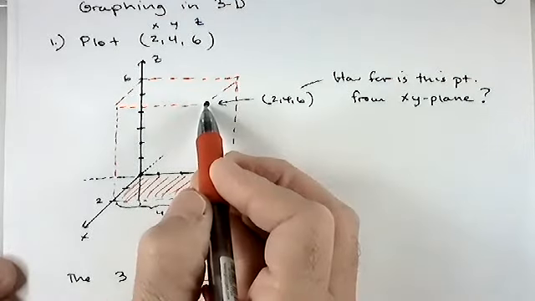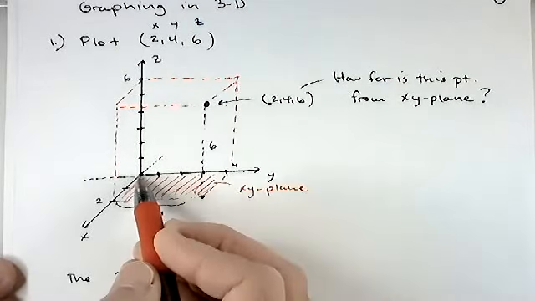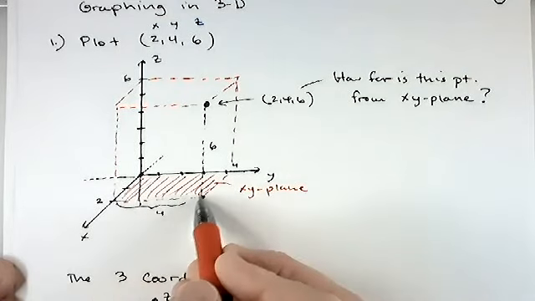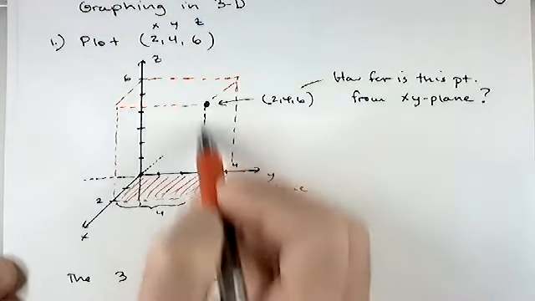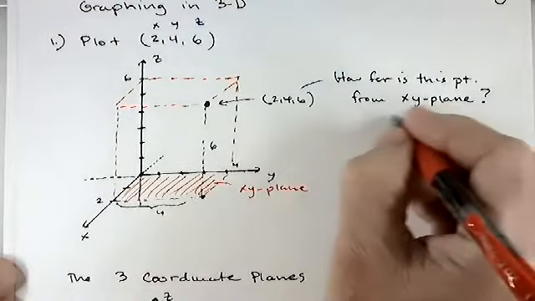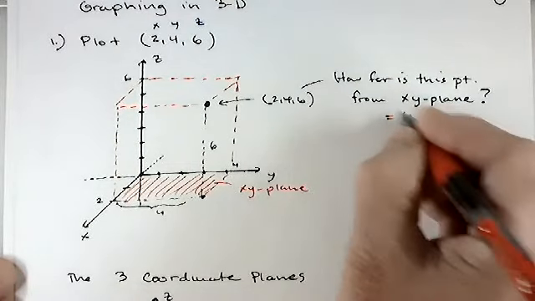So how far is this point (2, 4, 6) from it? Well, how did I get there? I went 2, 4. I'm still in the XY plane, but then I went straight up 6 units. So just by graphing it, you can see that it's 6 units, right?